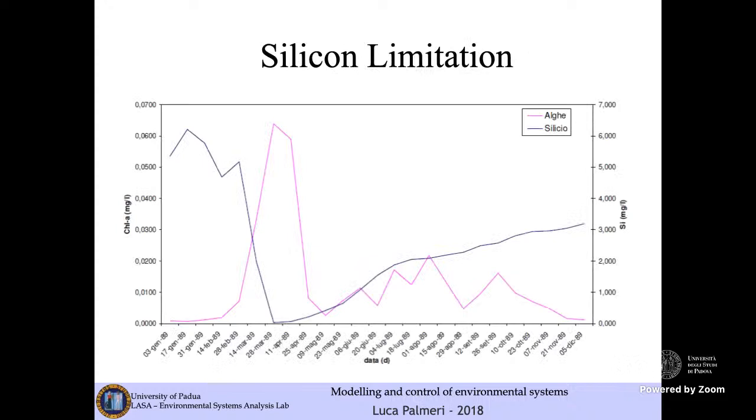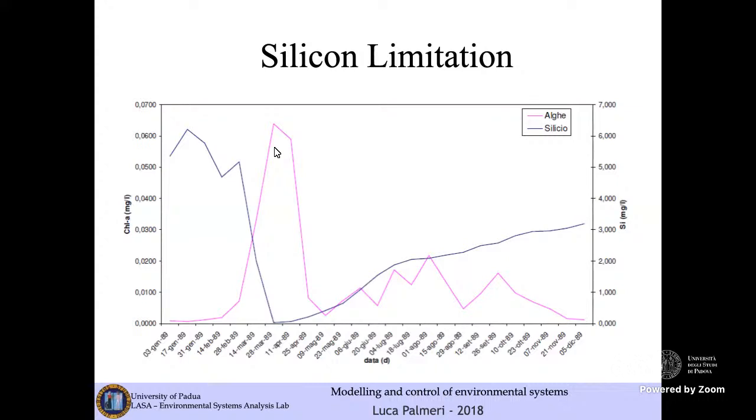For example, again, these are data, figures that come from experimental observation of a coastal area. Here we compare the concentration of algae in the water body and the concentration of silicon. In this case, for example, we have a higher concentration of silicon, the blue line, that corresponds then to a bloom in algal growth. These are algae that depend on the presence of silicate.